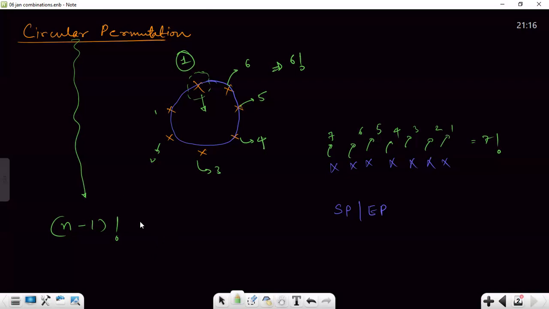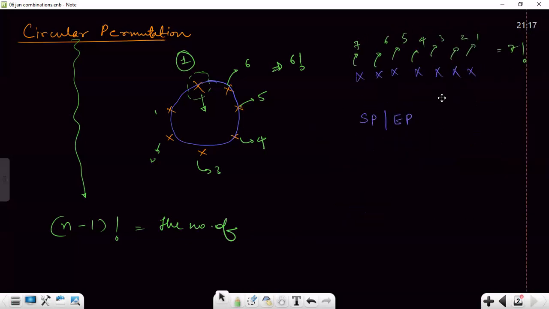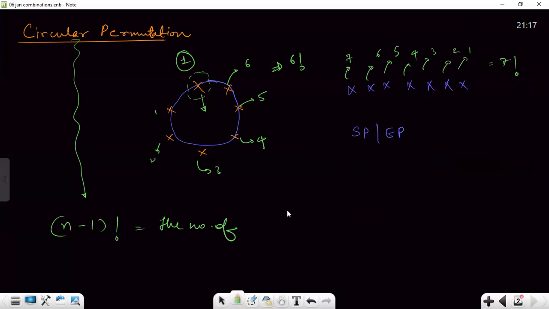So this is the number of ways of arranging n persons in a round manner.